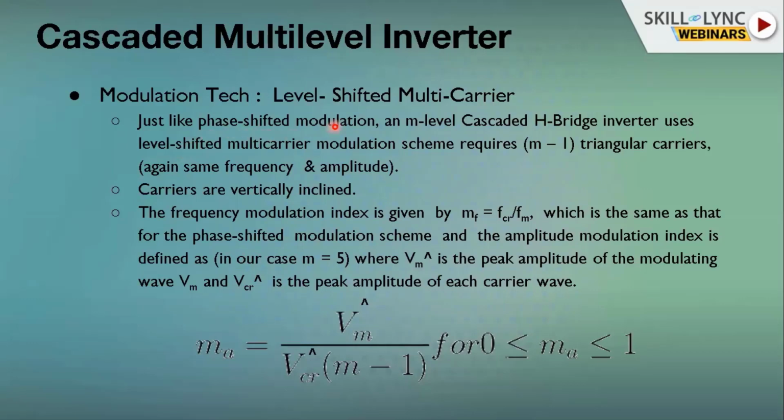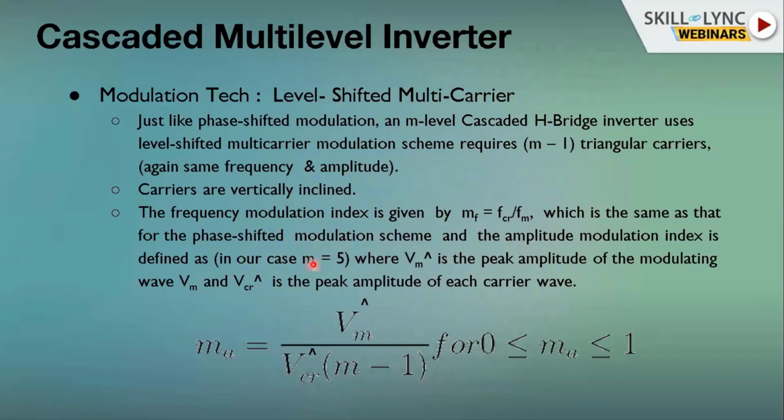Just like phase shifted modulation, an M level CHB inverter using a level shifted multi-carrier modulation scheme requires M-1 triangular carriers, again with the same frequency and same amplitude. Carriers are vertically aligned. The frequency modulation index is MF equal to the frequency of the carrier divided by the frequency of the modulation signal, which is the same as for the phase shifted modulation scheme.